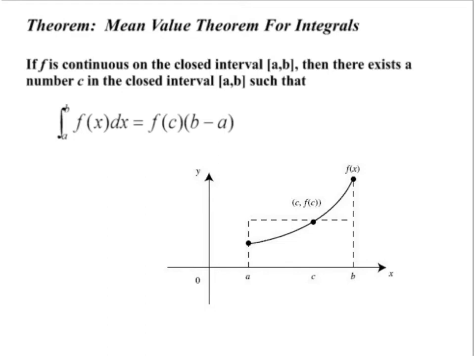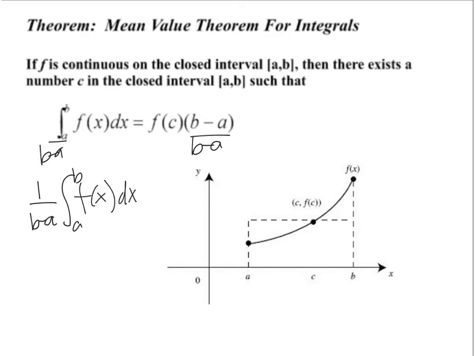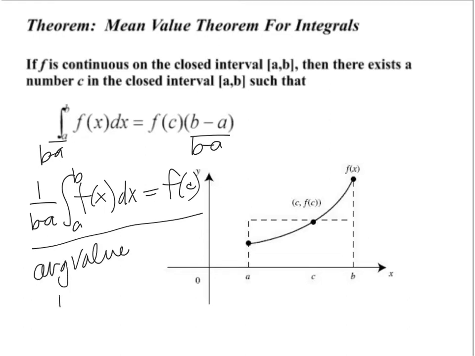Now, the interesting part about this is if I divide both sides by b minus a, then I end up with 1 over b minus a, integral from a to b of f of x dx, equals f of c. So this is the formula, it's the same thing as the average value theorem. And we're going to use that to solve for and define c.